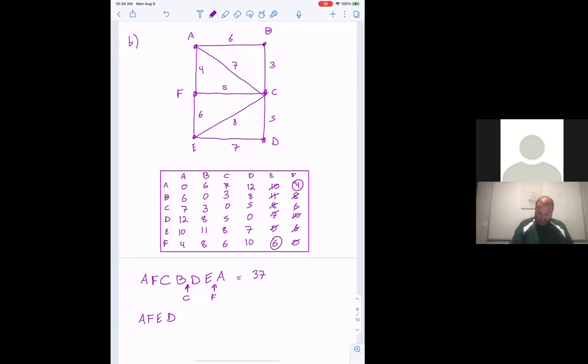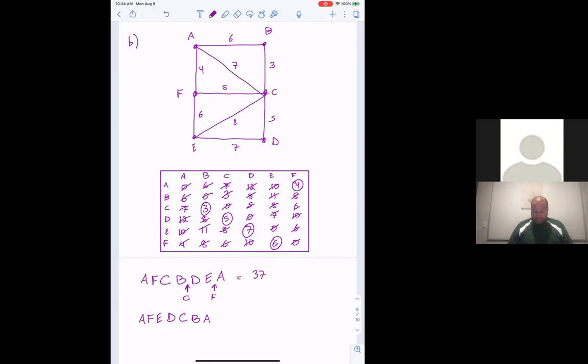And then E to D, 7, cross out the rest of the D's, and then D to C is 5, cross out the rest of those, and then C to B is 3, cross out the rest of those, and then B goes to A. I forgot to cross out the A's. Or I did, but I erased them, I guess.